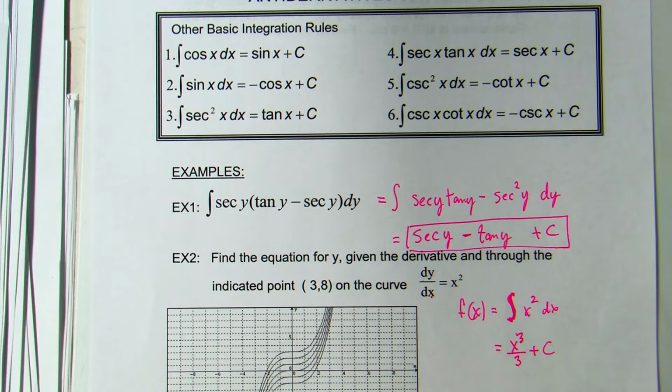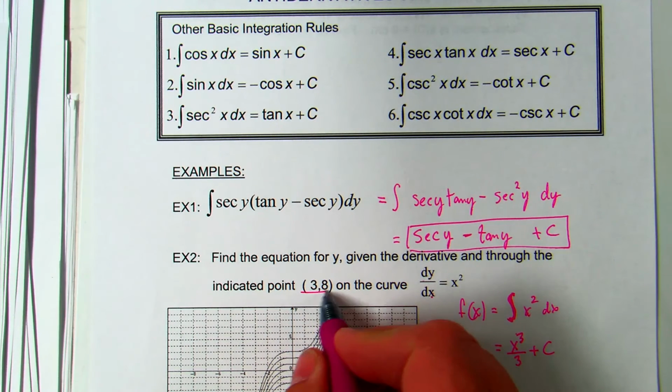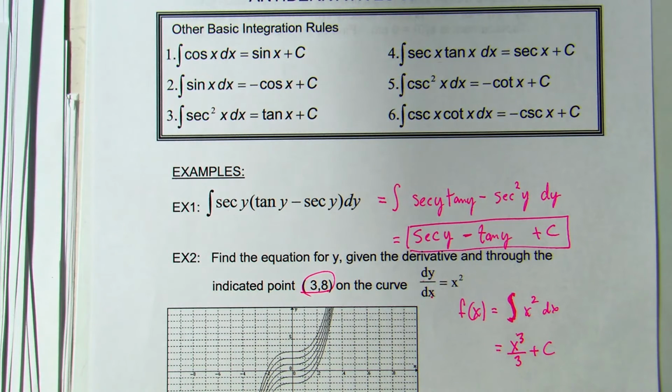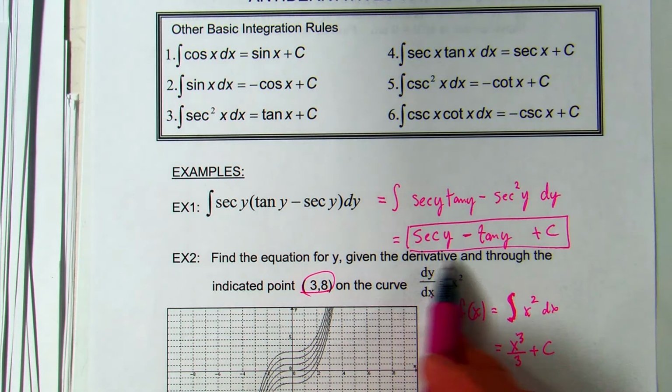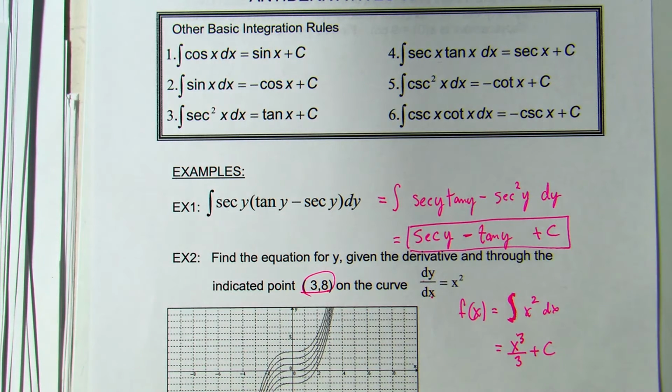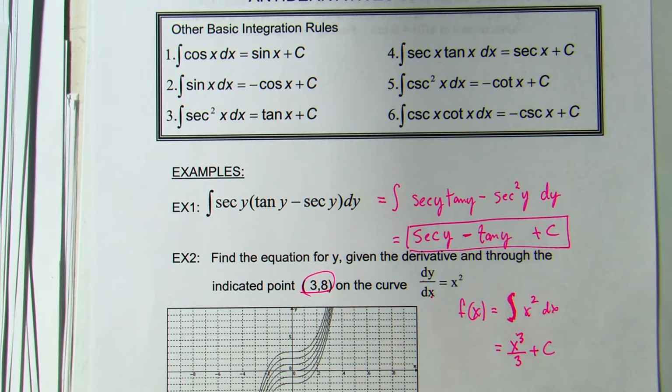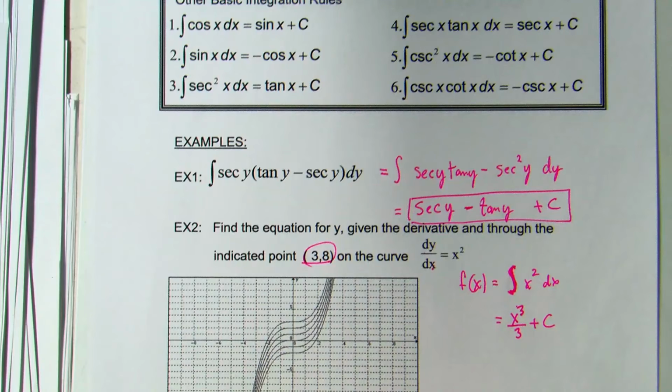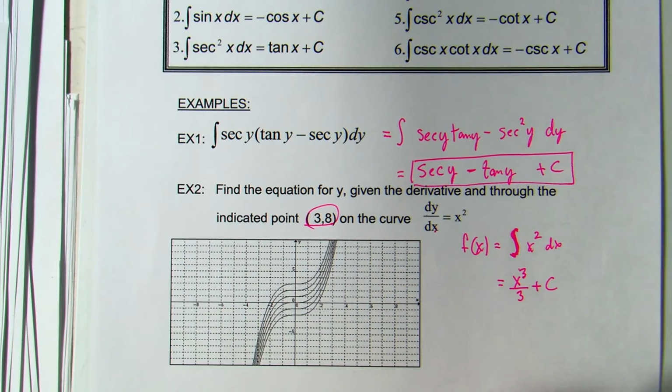And so now it's asking us to find the equation for y of the given derivative through this indicated point 3, 8. So let's plug in some values so that we can find out what c should be. We've talked about the c, and we just kind of let it sit out there on its own.